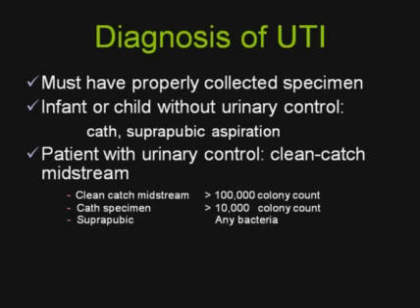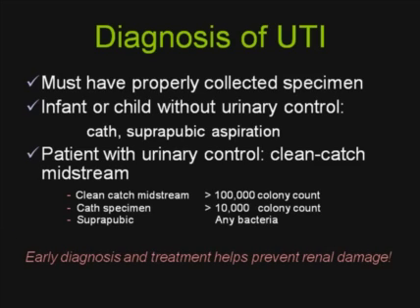And if one finds over 100,000 colony count in this type of specimen, the diagnosis of urinary tract infection can be made. From a cath specimen, over 10,000 colony count is sufficient, and in a suprapubic specimen, any bacteria is diagnostic.